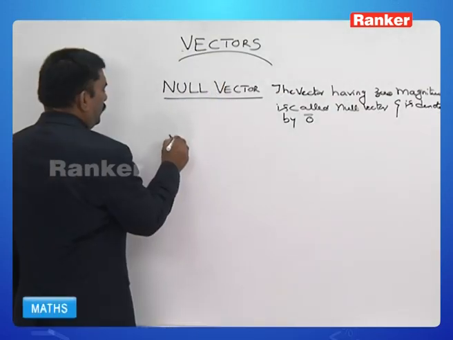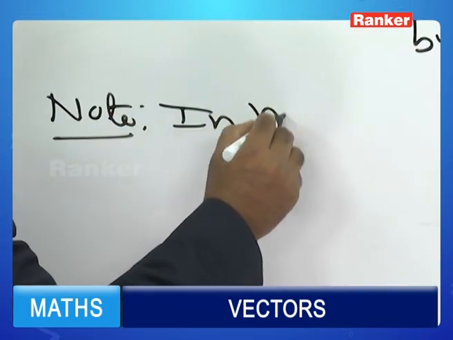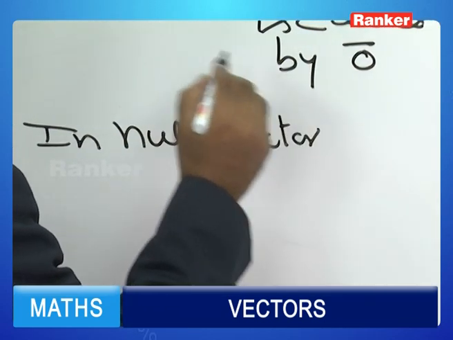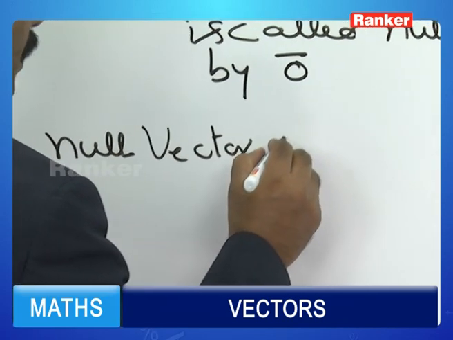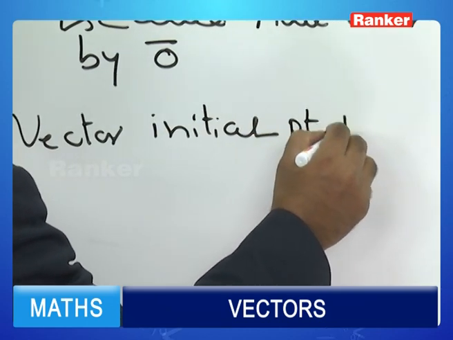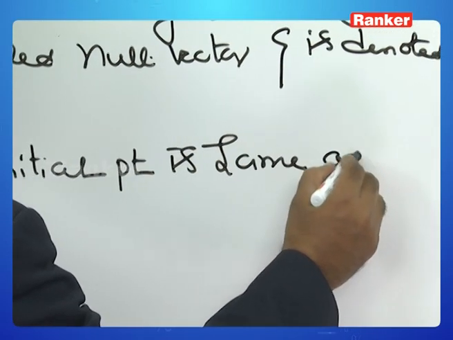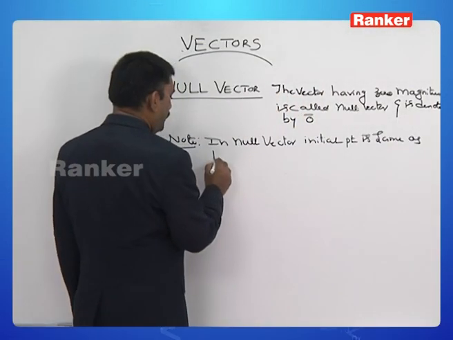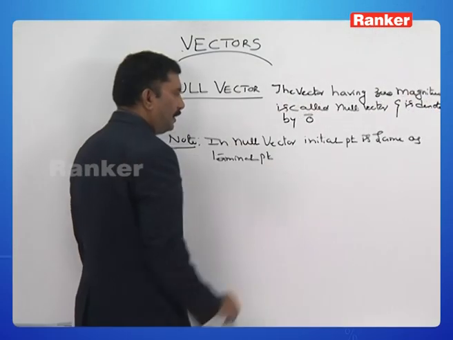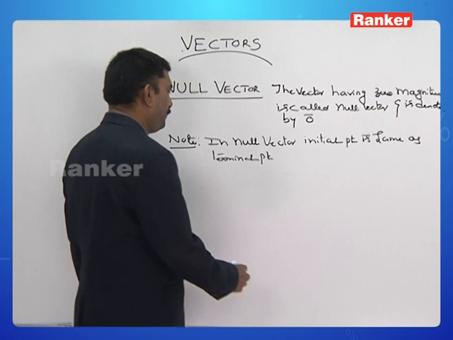Note, in a null vector, the initial point is the same as the terminal point, or else the initial point coincides with the terminal point.